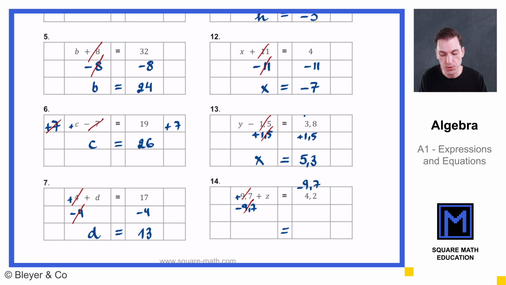Then we have the variable z on that side, and on the other side, 9.7 will be cancelled out with minus 9.7, and we have z left on the left hand side, and on the right hand side we're going to get, let's do our calculation, if you subtract, it's going to be 5.5, but on the negative side.